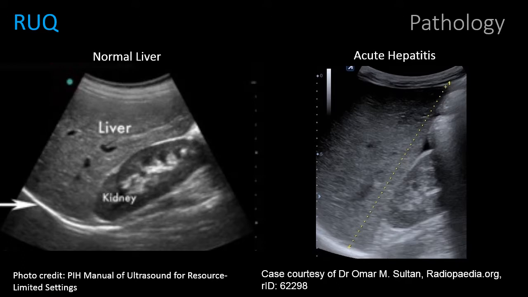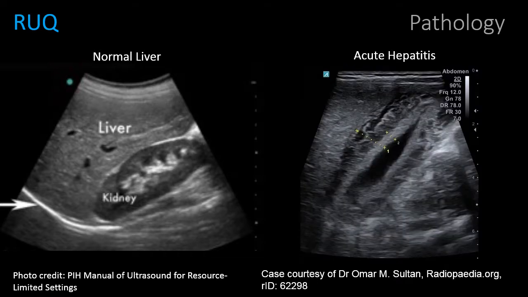You can also look at the size of the organ. On the left we have a normal sized liver, so you just get a sense for the normal ratio of the size of liver versus kidney. And on the right we can see someone with hepatitis, and we have a few things that we can discern about their liver in this hepatitis setting. So the first is that it's large.